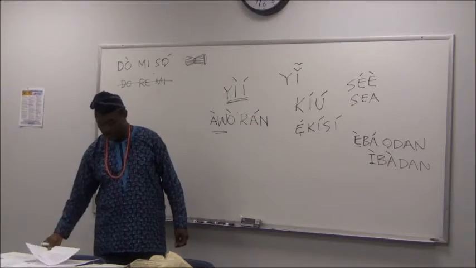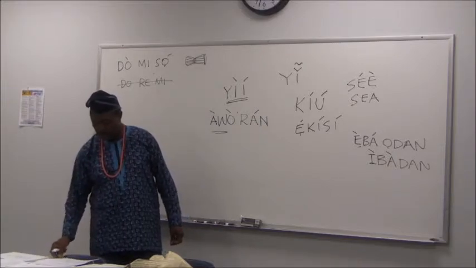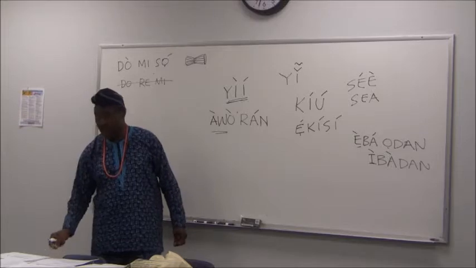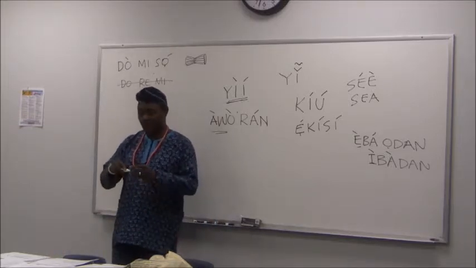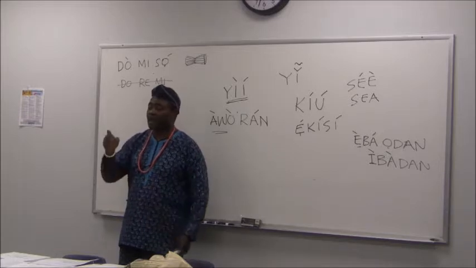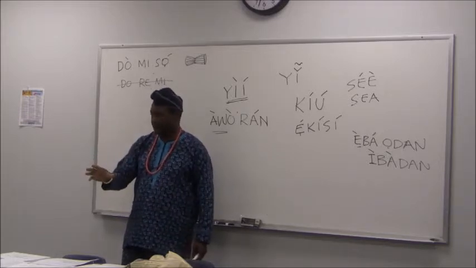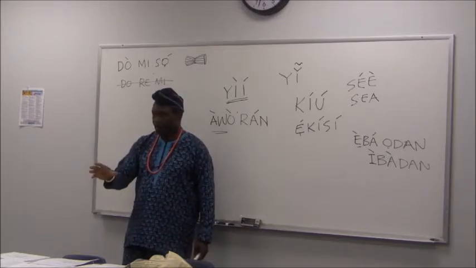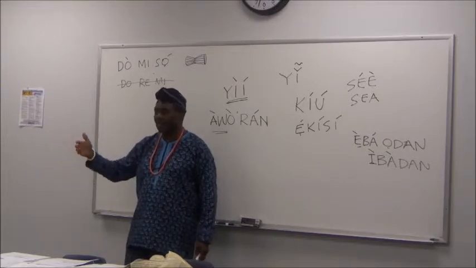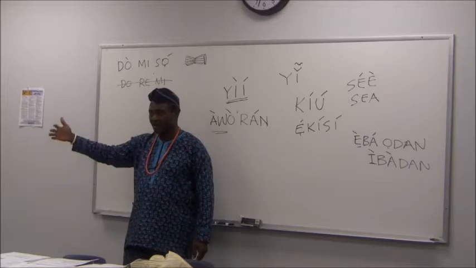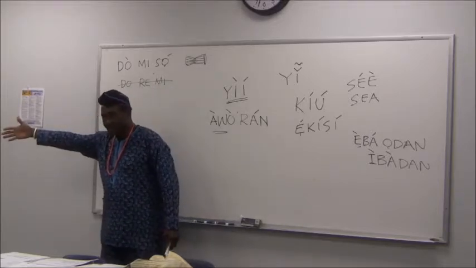Word usage. Mo means I. Mo starts from the alphabet M. So when the old teachers used to teach, they just say mo and all this, they relate it to something else on an extension level.